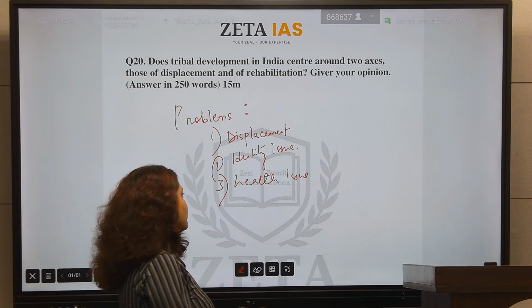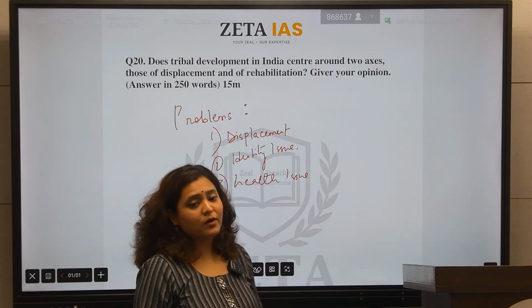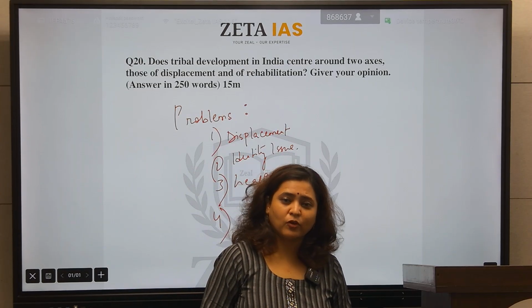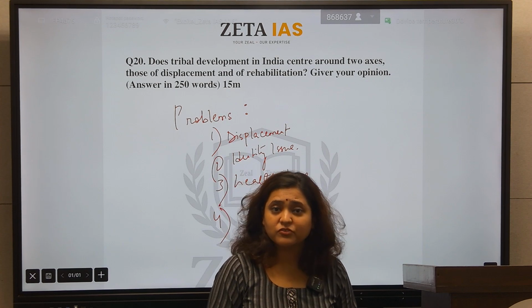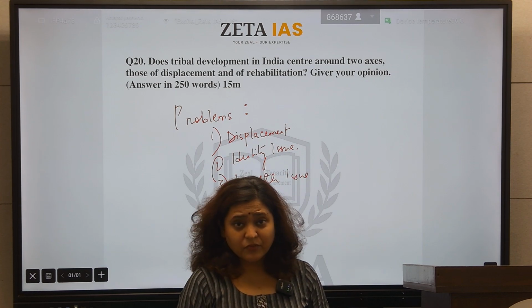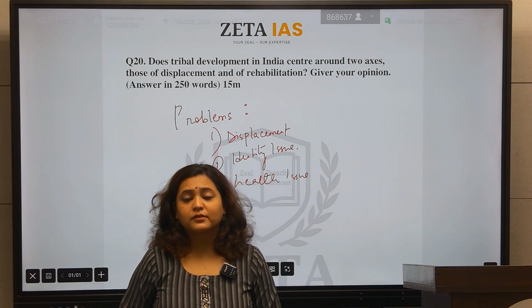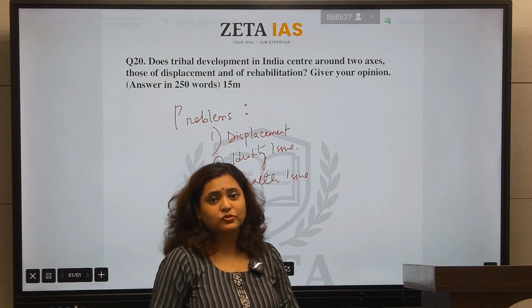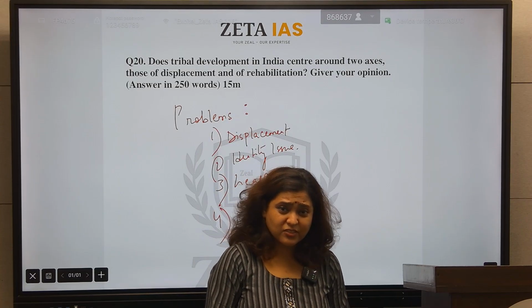And in the Naxalite areas or central India, a humongous vasectomy drive was held, especially during the Emergency, which affected the tribal people the most. We have also seen instances of forced vasectomy, and the Naxalites exploiting these tribal people. So these are all the problems that tribal people face today.